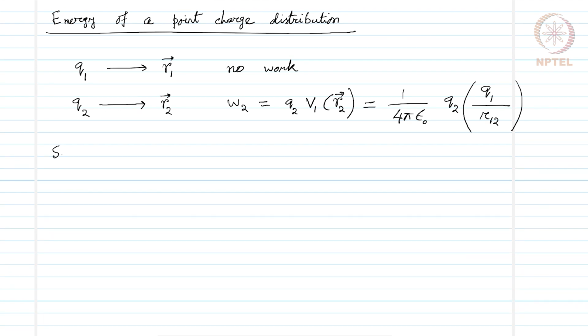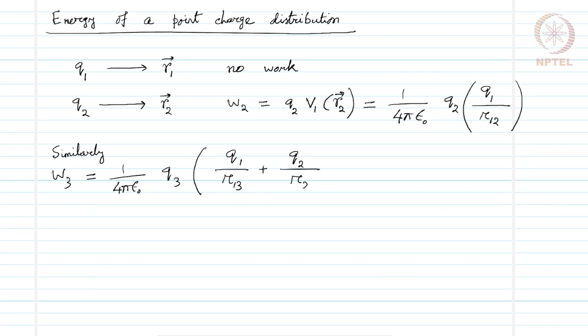Similarly, we can write down W3 equals 1 over 4 pi epsilon naught, Q3 times Q1 over R13 plus Q2 over R23.